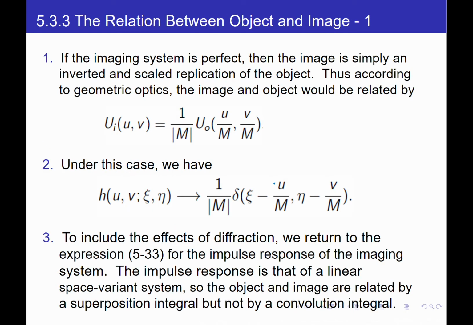So if the imaging system is perfect, then the image is simply an inverted and scaled replication of the object, like this. Okay. And then in this case, the point spread function is going to be a delta function. Only this delta function will give you this type of form by convolution.